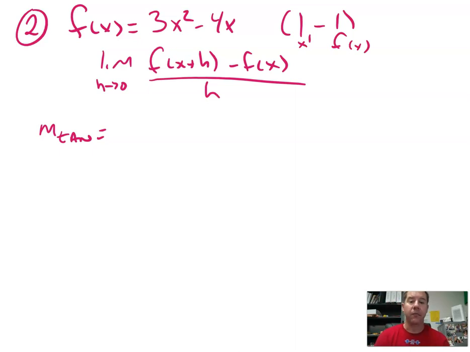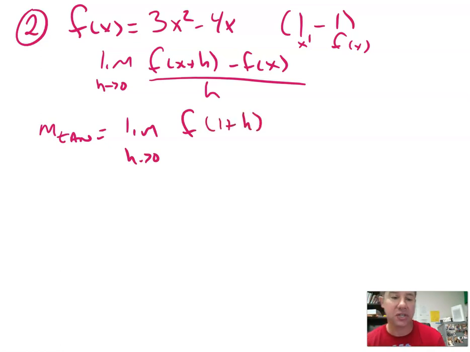All right? So, I'm going to find the limit as h approaches 0 of f of 1 plus h minus f of x. F of x, we just said, is -1, all over h.